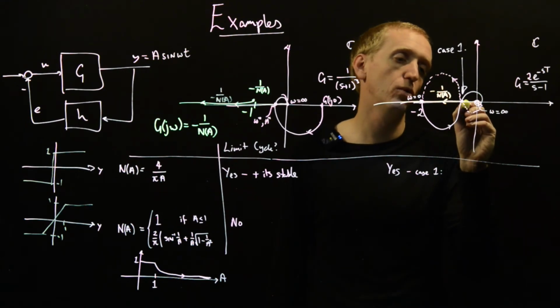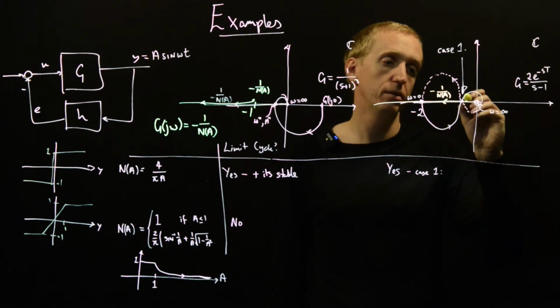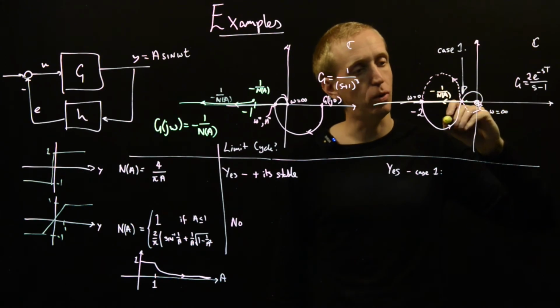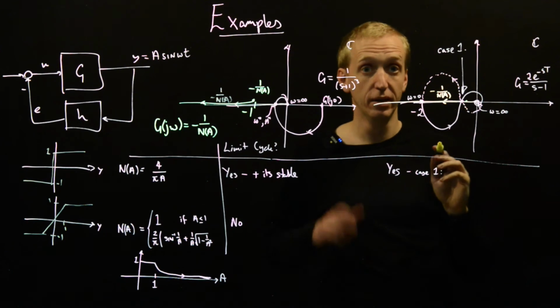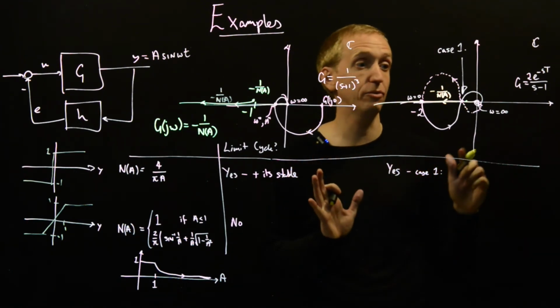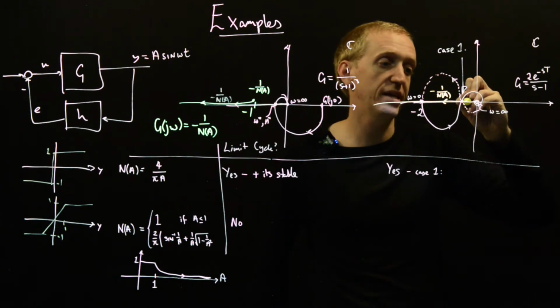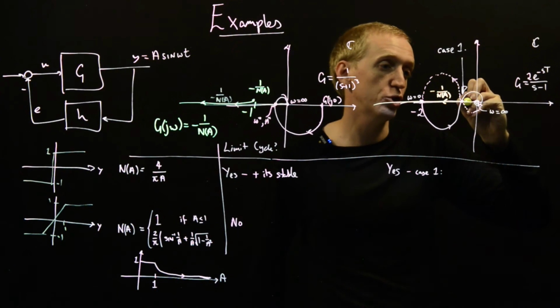We take the smaller value of A, and how many encirclements do we have? Well, we have 1, and it's actually clockwise. You can see the curve is cutting around in a clockwise manner. If you want a really robust way to make sure you always count correctly, just take a point. So we want to count encirclements at this point, and just draw a straight line.